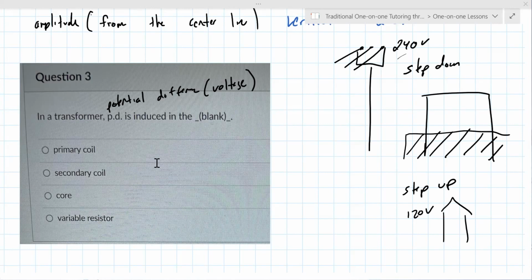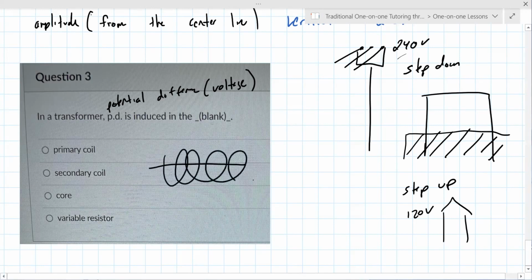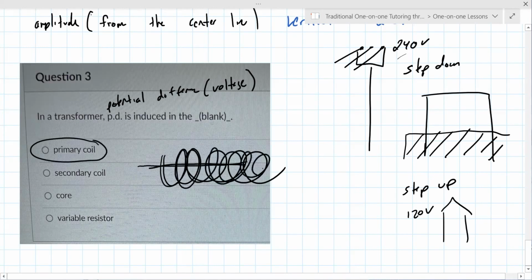So generally, the most common way to generate power, and you've seen this in a generator, is you stick a wire through a coil, and then you rotate them, and they rotate in a perpendicular direction. So I want to say it's the primary coil, which I think is what this is referring to here, this coil where you stick this conductor through a magnetic field.